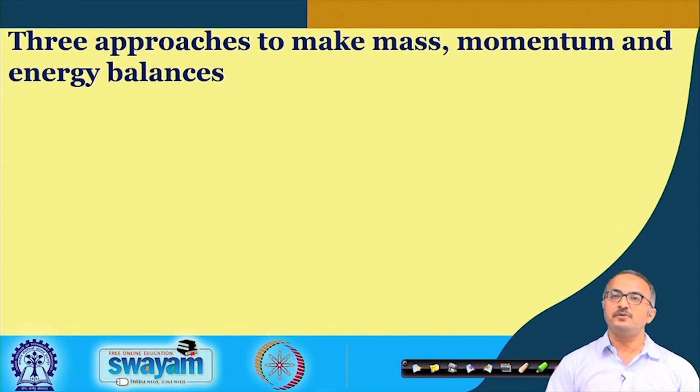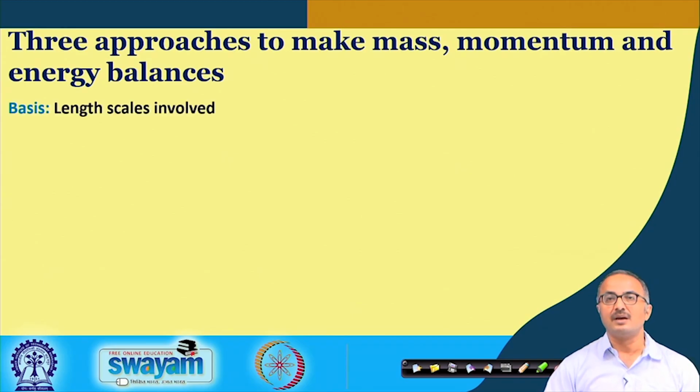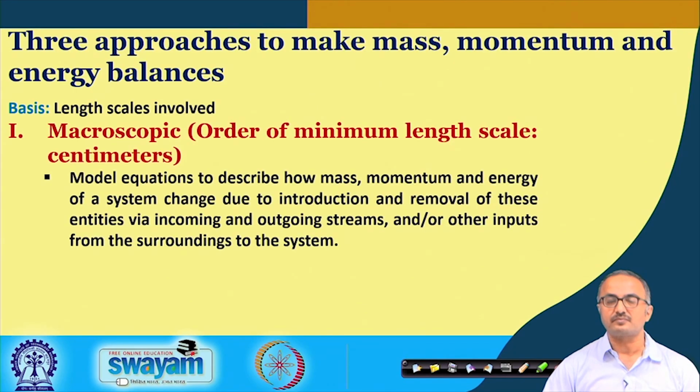Now, before we go on to make these balance equations, there are broadly three approaches for mass, momentum and energy balances, and these approaches are based on the length scale involved. First, let us go to the very popular one, which is the easiest, the macroscopic approach.